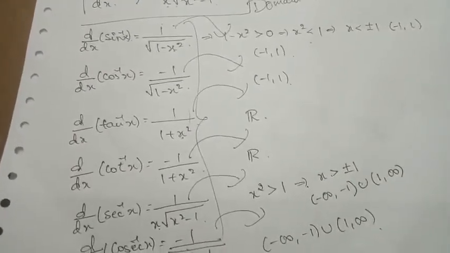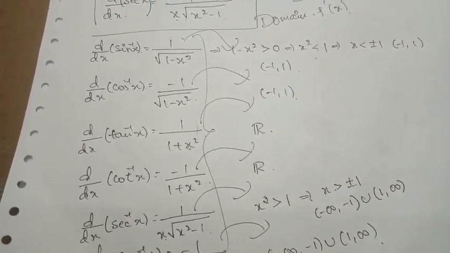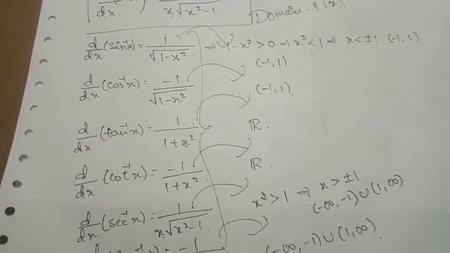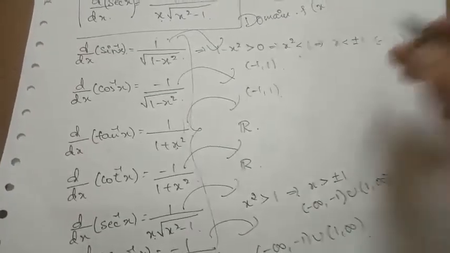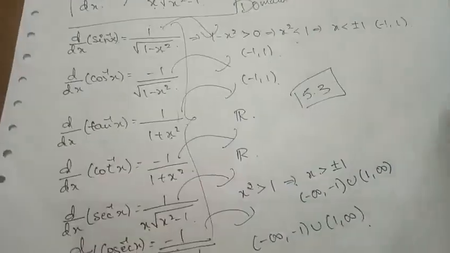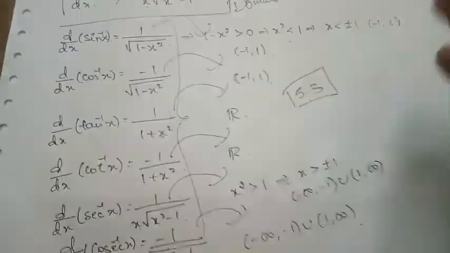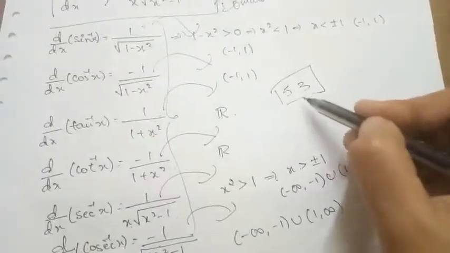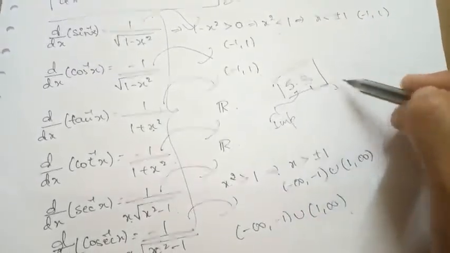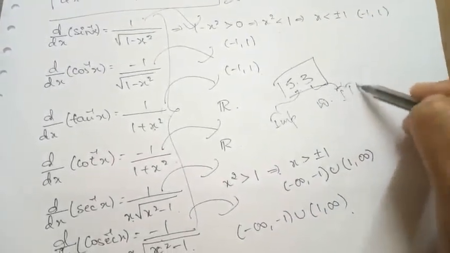We will come to a clear understanding of how these derivatives of inverse trigonometric functions are used to solve problems when we solve exercise 5.3. In exercise 5.3, we solve problems based on implicit functions and derivatives of inverse trigonometric functions. Before going to exercise 5.3, be thorough with the derivatives of all the functions you have learned till now, the chain rule, differentiating implicit functions, and the derivatives of inverse trigonometric functions.